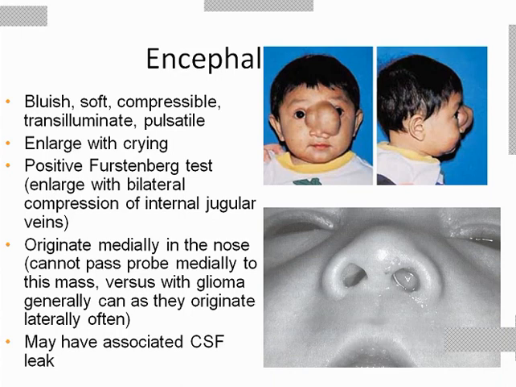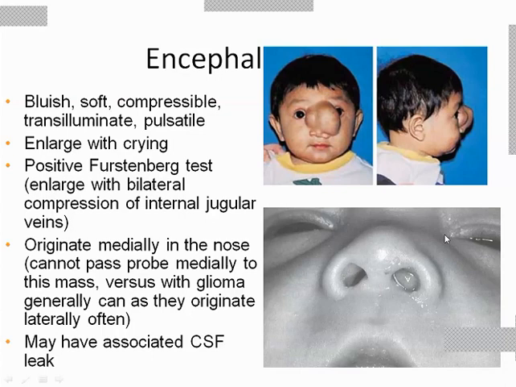If they are intranasal, you cannot pass a probe medial to the mass because they are very close to the septum. You can pass a probe laterally, but you cannot pass the probe medially. Okay, whereas gliomas come usually down and are organized separately, so you can pass a probe on both sides.